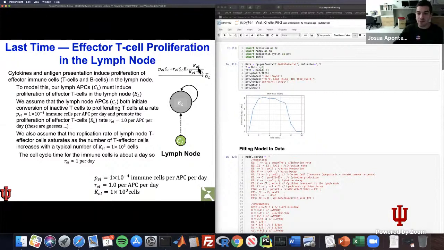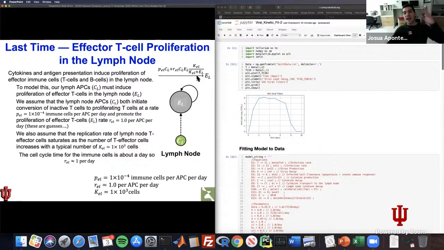And then James spent a little bit of time explaining the importance of these type of equations, what we call saturating functions. The idea of this function is that there is a limit of how many effector cells you can produce, and that limit is reached when the effector cells are high enough.